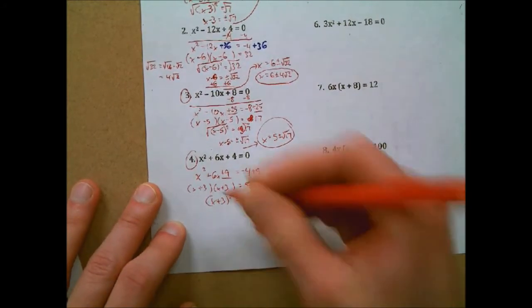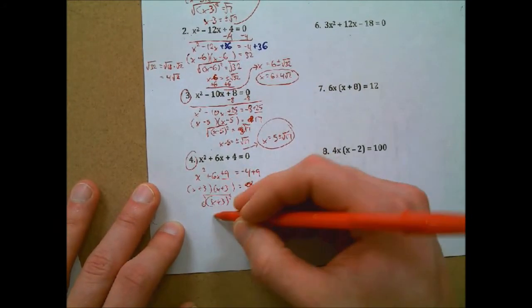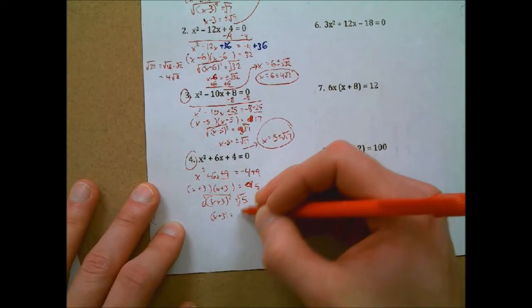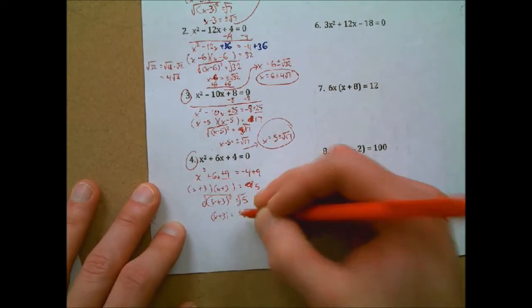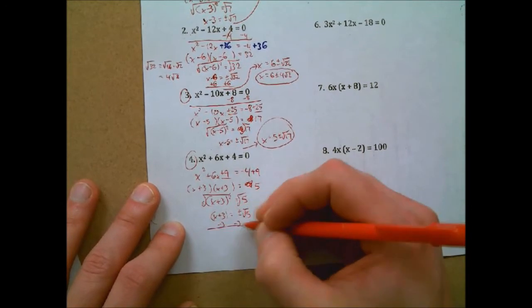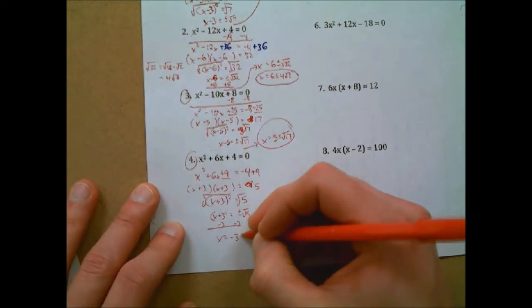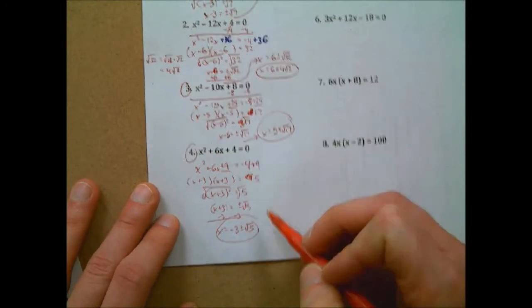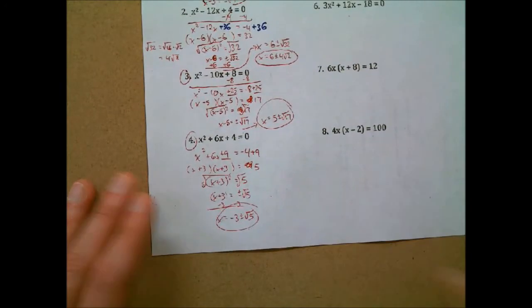And then I'll square root, x plus 3 equals plus or minus the square root of 5. Subtract the 3 over. We get x equals negative 3 plus or minus the square root of 5. Okay? And the nice thing was that 17 and that 5, you can't simplify those square roots, so you're done. Okay? Those are your 2 solutions.